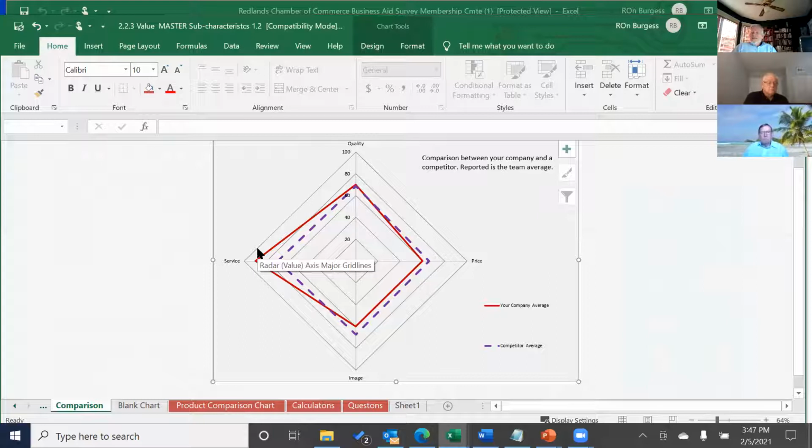We're going back to see how we did, and we're able to increase quality, increase service. We've increased image over the years. Price, they're expensive. They're very expensive, but that's okay because the quality, service, and image drive the price.